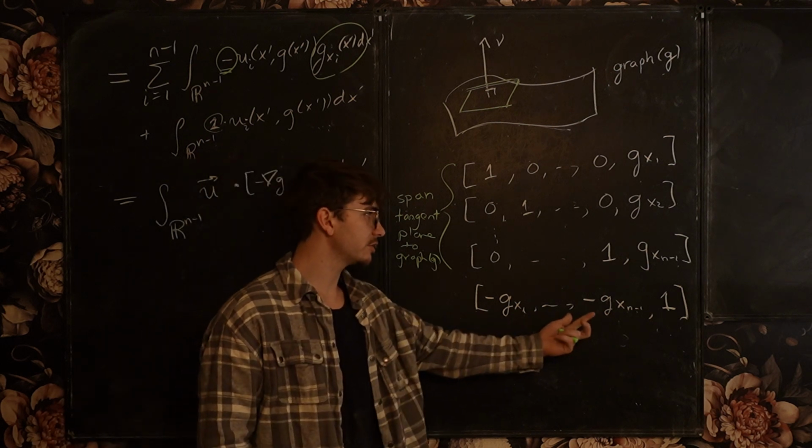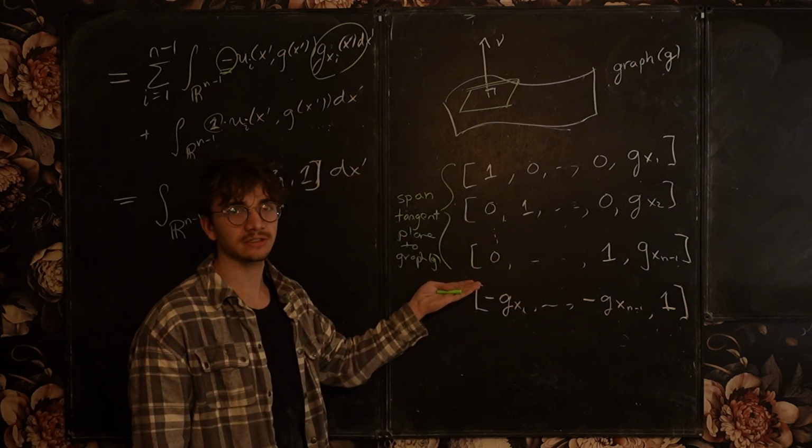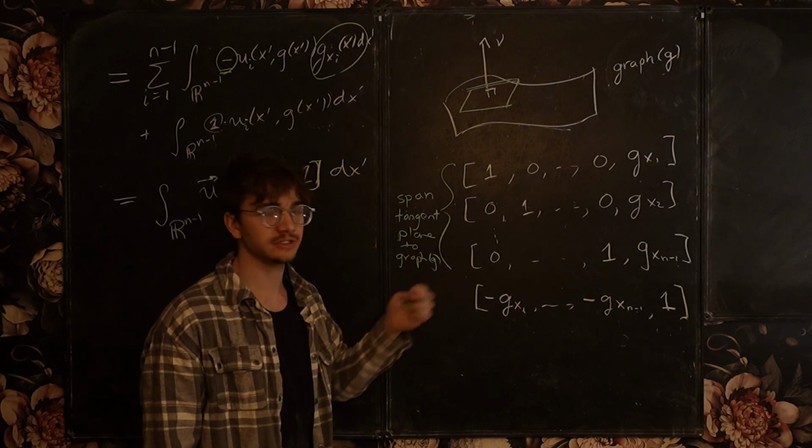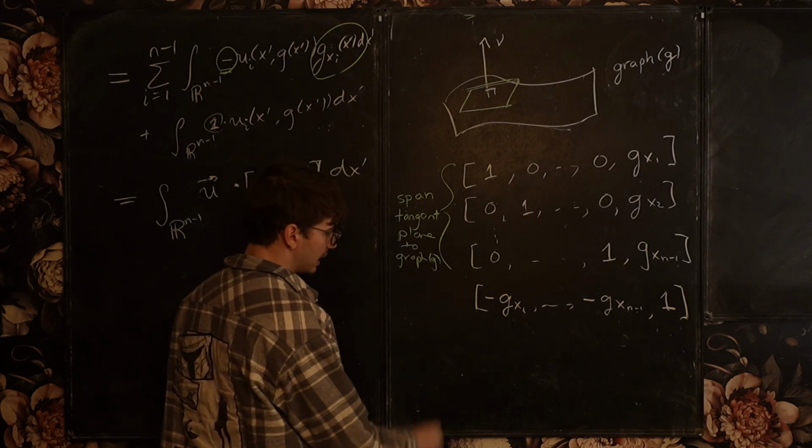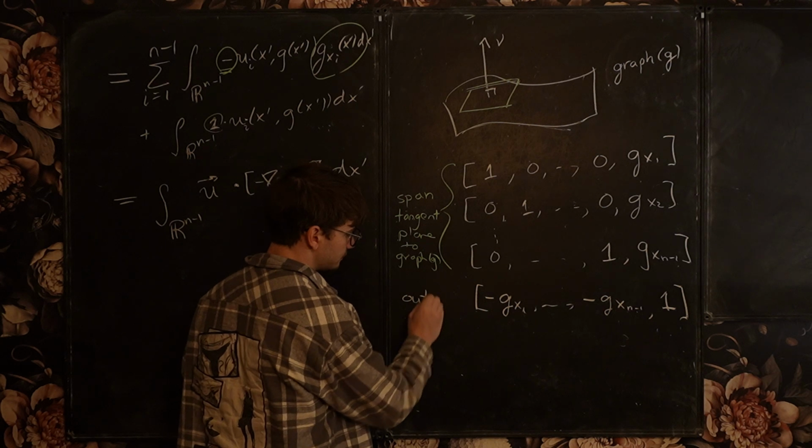This is the normal vector because it's orthogonal to the tangent plane, because it's orthogonal to a basis for the tangent plane. And so this is the outward normal vector.